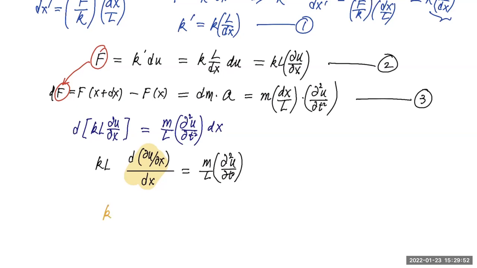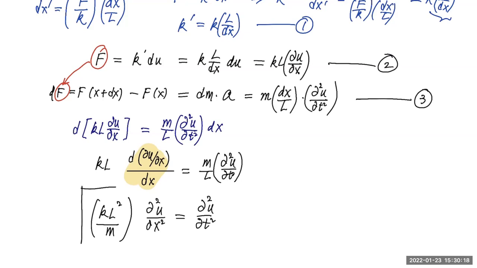So you have kL squared over m, I'm just moving m and L to the other side, times the second derivative with respect to x equals this. So this is the differential equation that I obtained for the wave motion of a longitudinal wave on a spring.